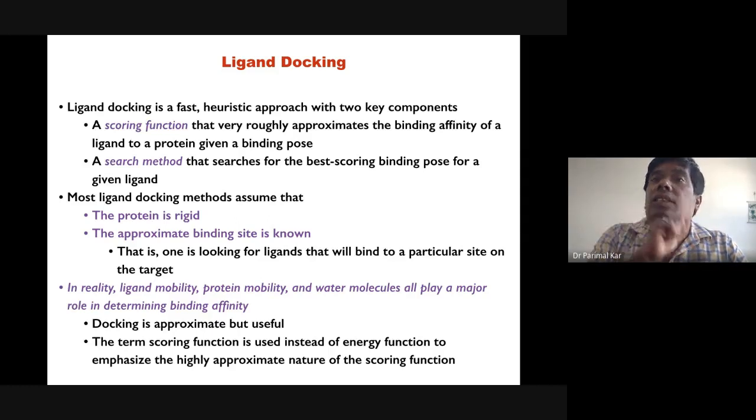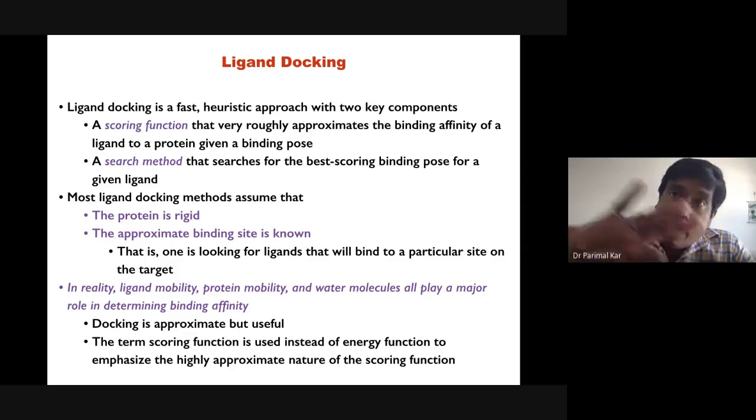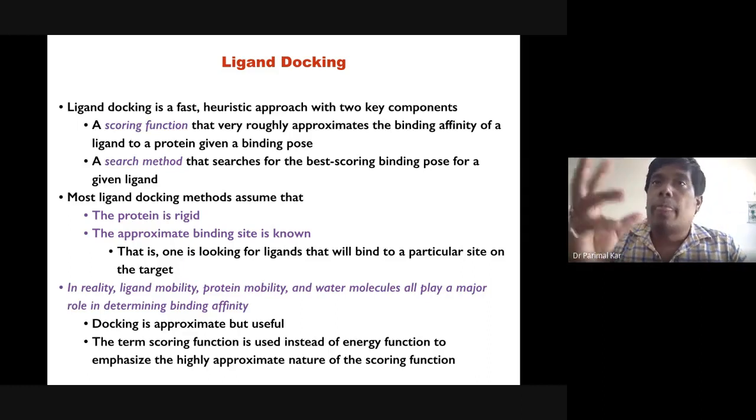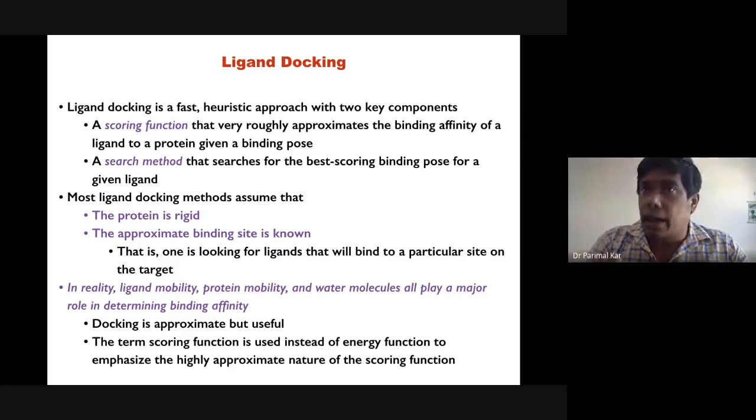And then there is a search method. The search is for the best scoring binding pose for a given ligand. I said that you have to orient your molecule in the binding cavity, so this is basically searching the conformational space.